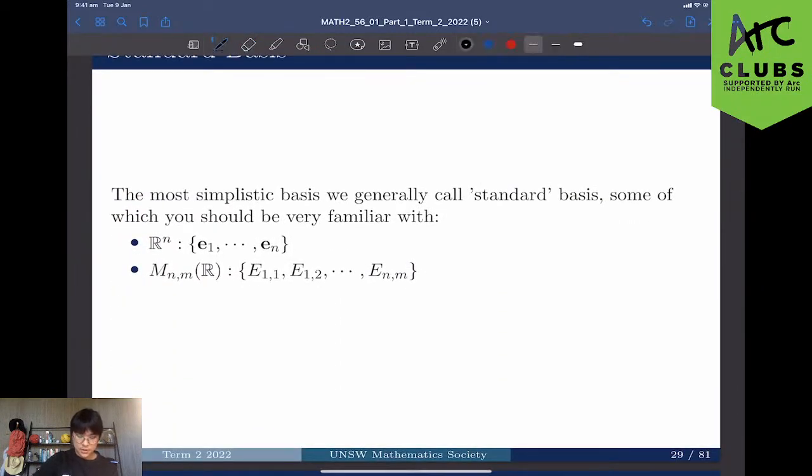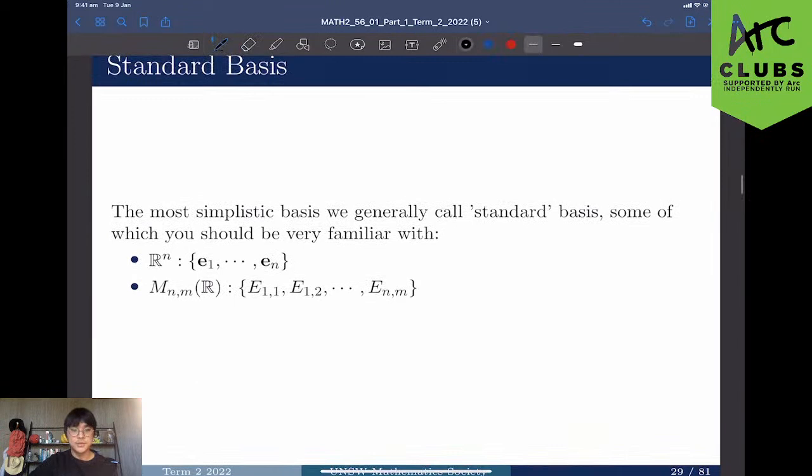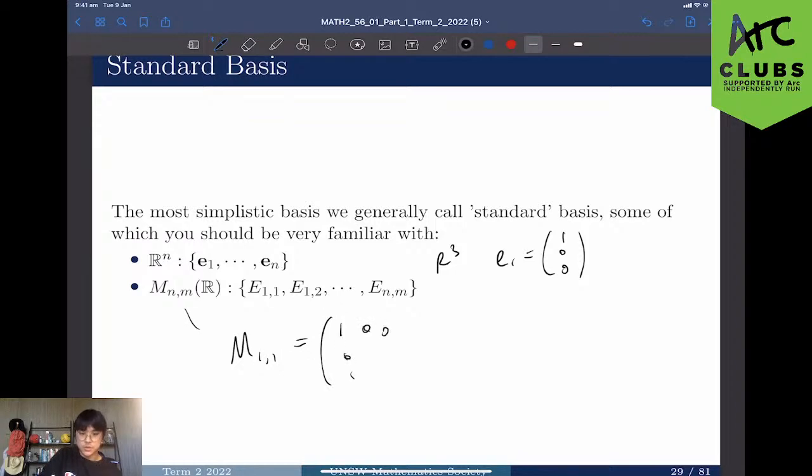And yeah, just some standard bases that you might already know. So for example, in R3, e1 is going to be (1, 0, 0). And for matrices, M1,1 might be 1, and the rest are all zeros.